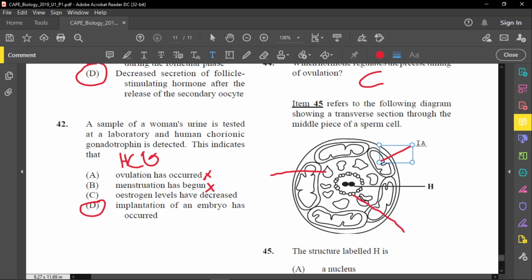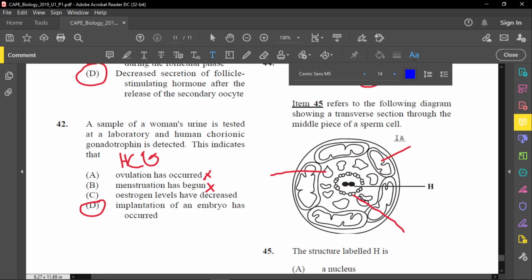So this is mitochondria. Remember that sperm cells have a lot of mitochondria in the middle piece. Do you remember why? It is to produce a lot of energy so the sperm can swim. So you can make a note of that. This is the mitochondrion, that's one of them.